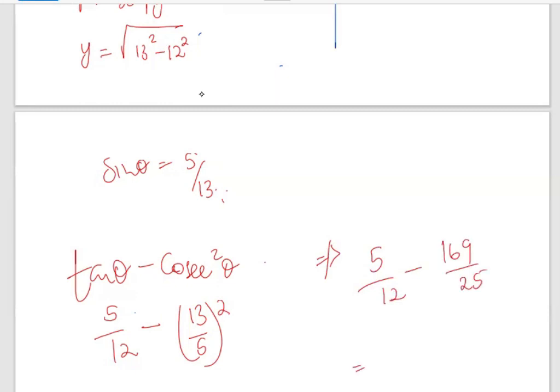So in as much as they said without a calculator, we can still use the calculator to get this answer of ours. But remember, we are not allowed to give the answer in decimals, because that way we shall know that you've used the calculator.